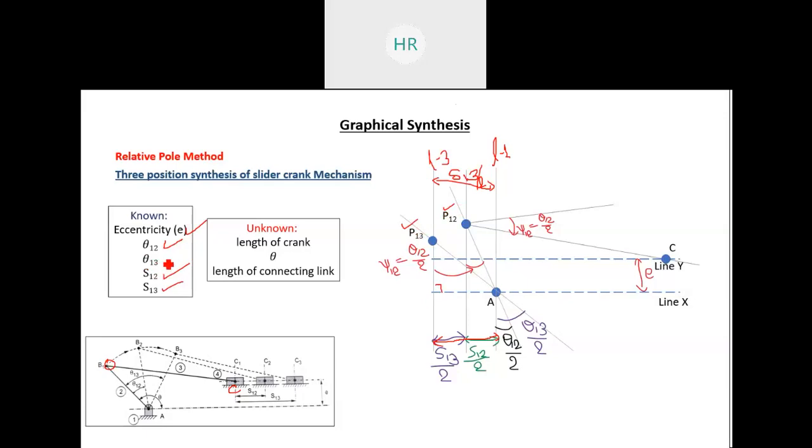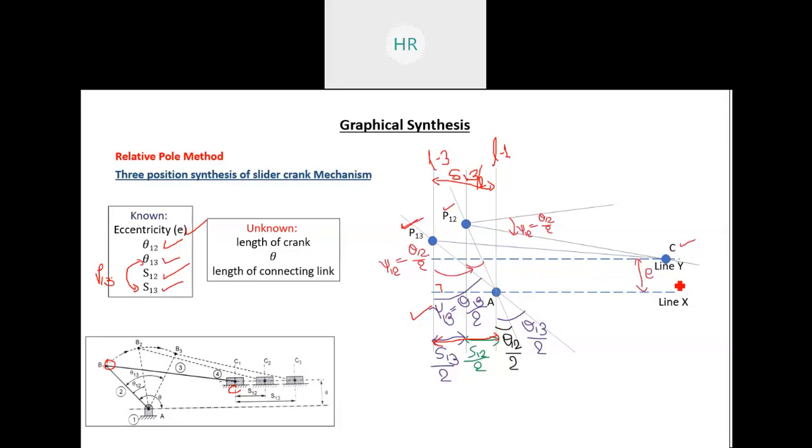With the help of theta 13 and s13, we can find the location of P13. Now simply connect, and measure this angle theta 13 equal to theta 13 by 2. Then connect this point C with P13.